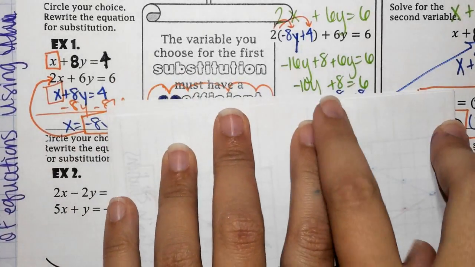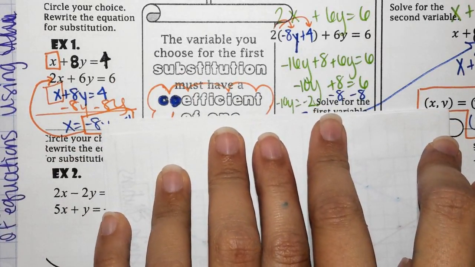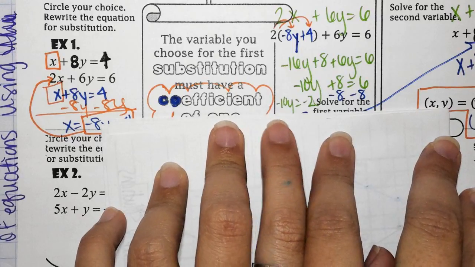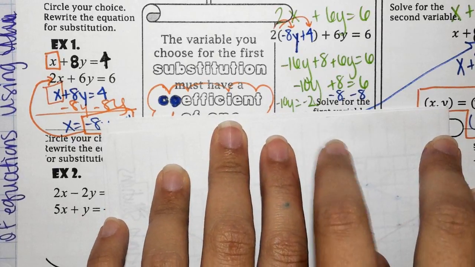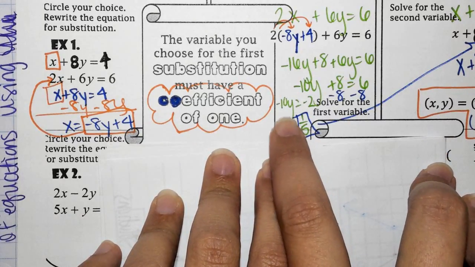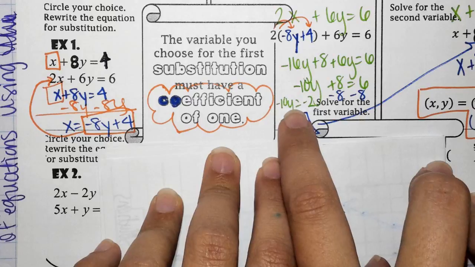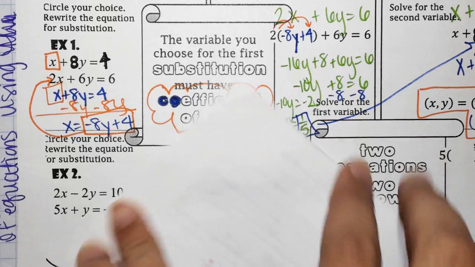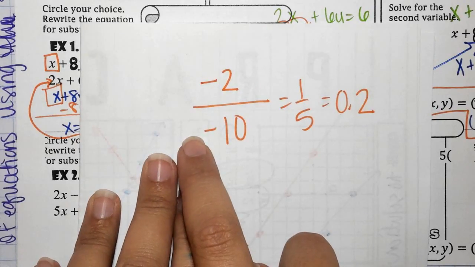All right, Jorge, what did I do from here to here? Take a point. Danubia, what did I do from here to here? Divide. Positive or negative?